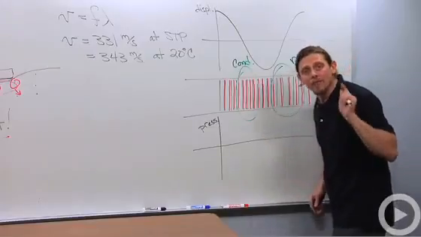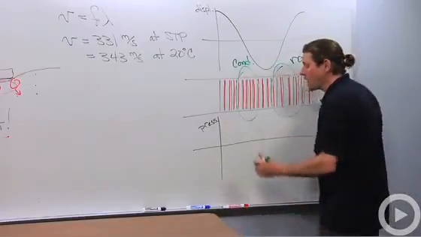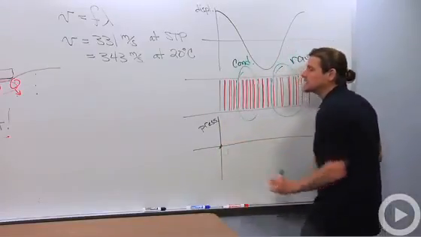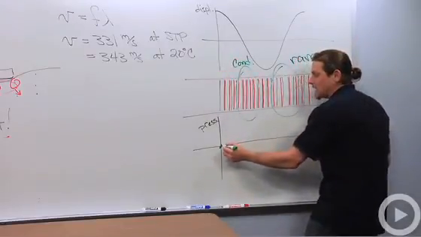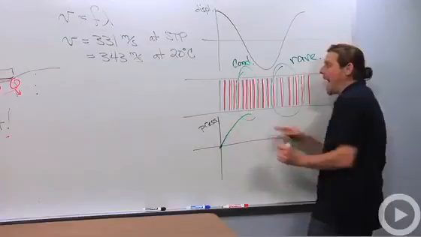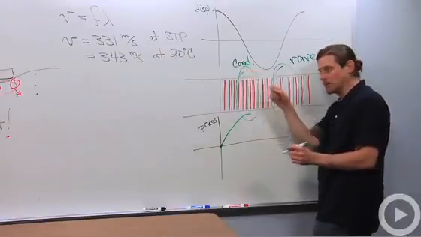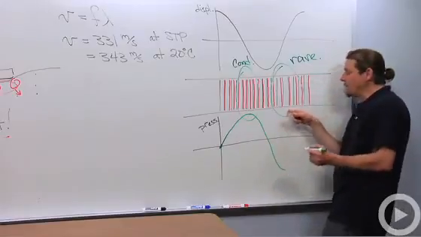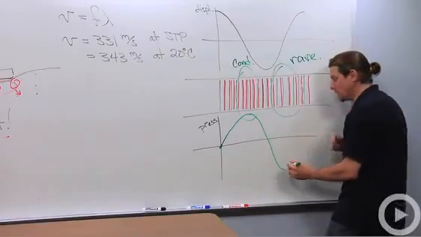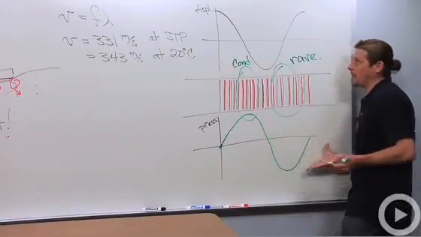If I were to graph the pressure wave, what I would end up with is zero pressure here, just because it's the same. Then as I go, we've got maximum pressure at the condensation, and then minimum pressure here at the rarefaction, and then back up.